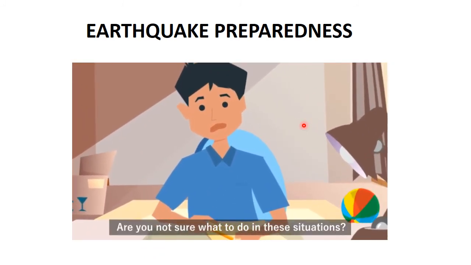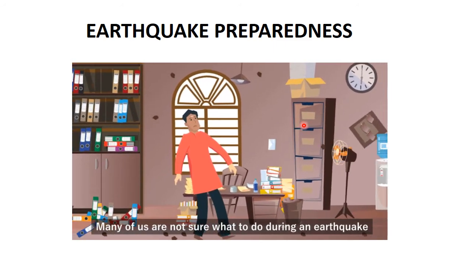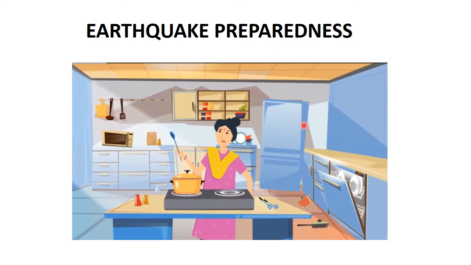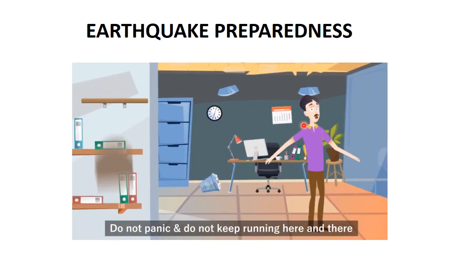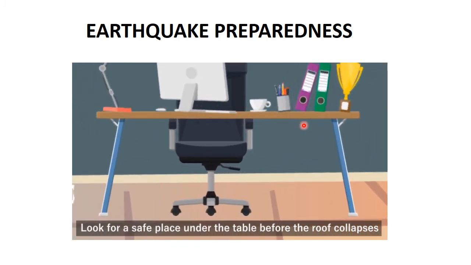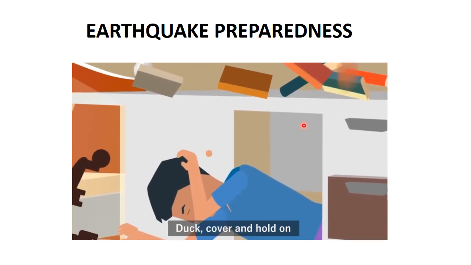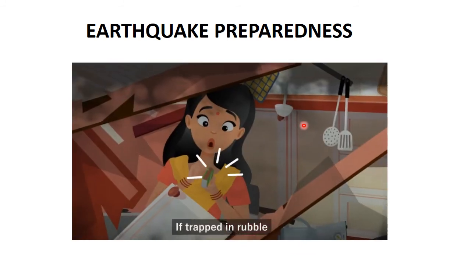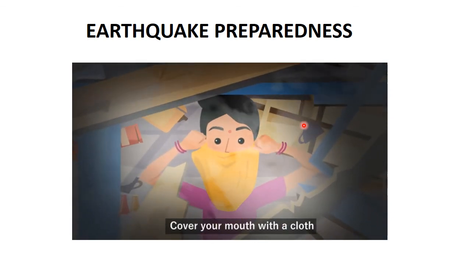Are you not sure what to do in these situations? Many of us are not sure what to do during an earthquake. Do not panic and do not keep running here and there. Look for a safe place under the table before the roof collapses. Duck, cover and hold on. If trapped in rubble, do not light a matchstick. Cover your mouth with a cloth.